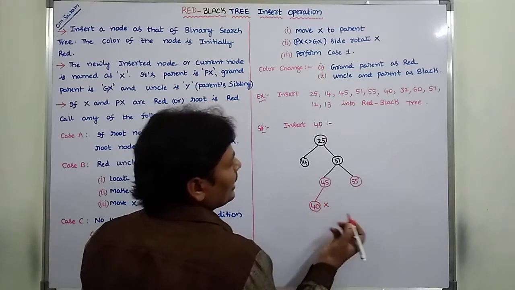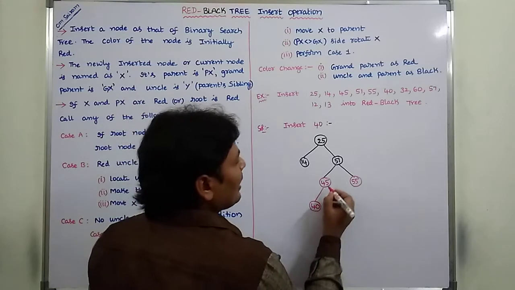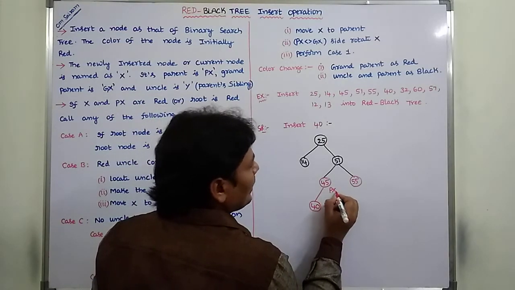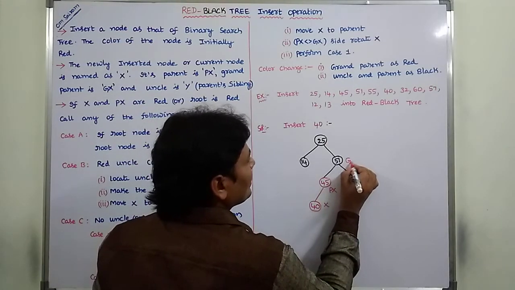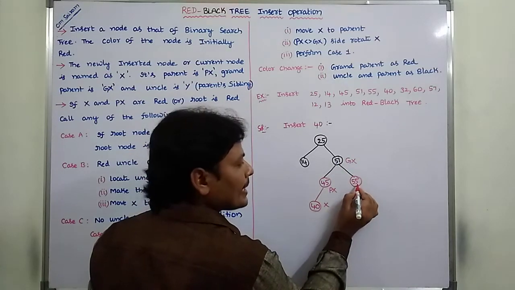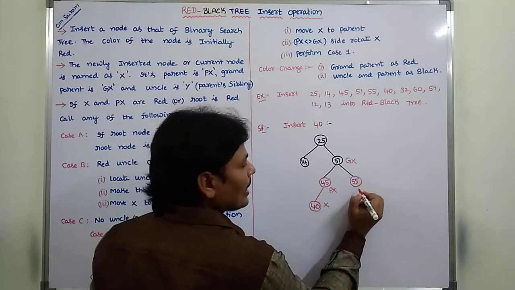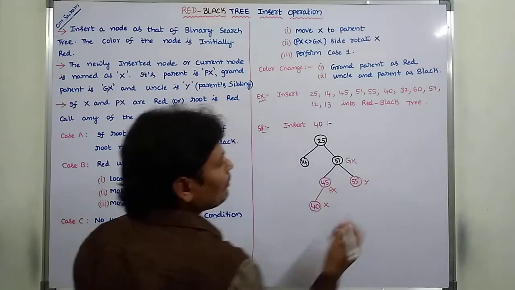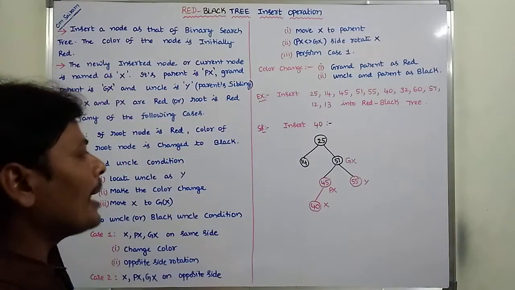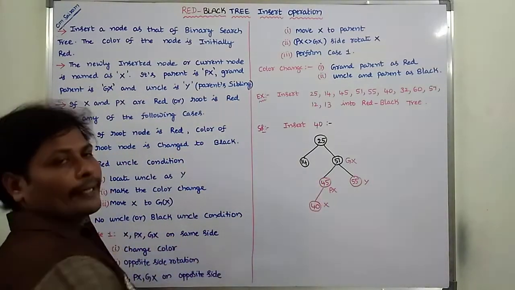It can be denoted by x, its parent is px, and its grandparent is gx. The grandparent's son, that is the parent's sibling, is the uncle. Uncle is denoted by y. Now is this a red black tree or not?